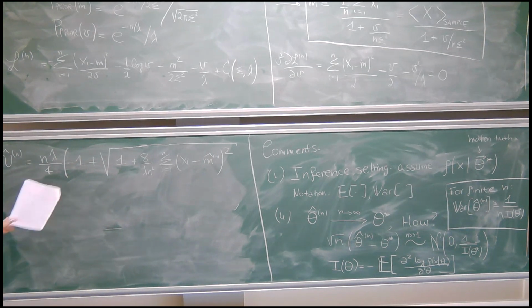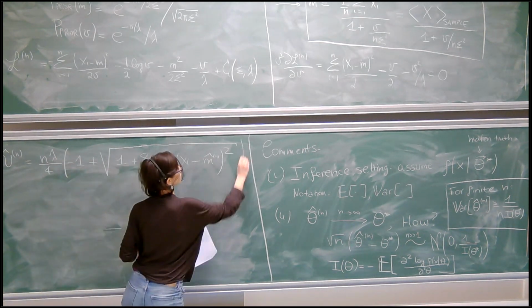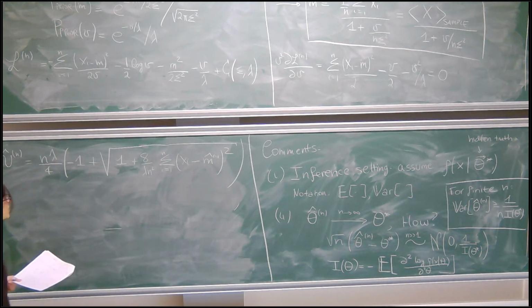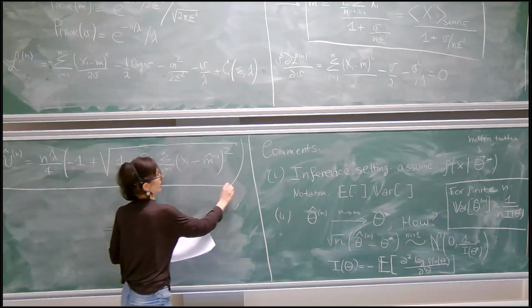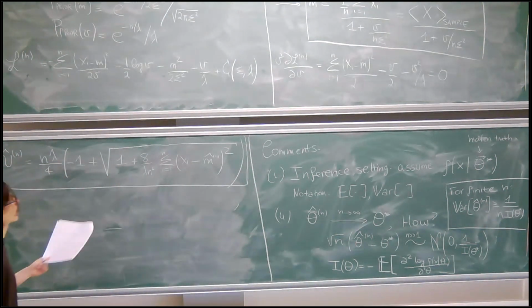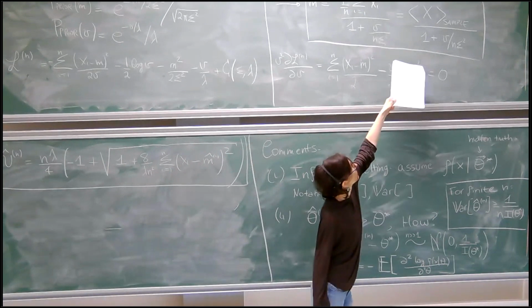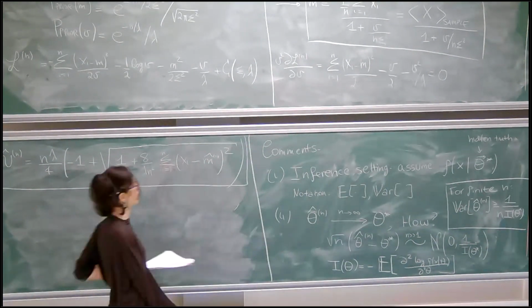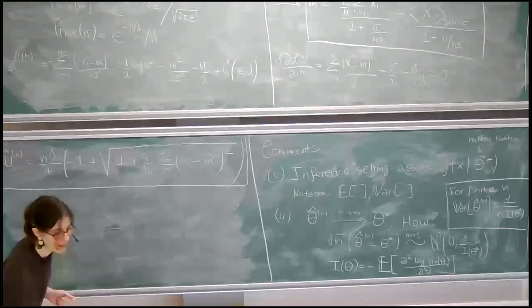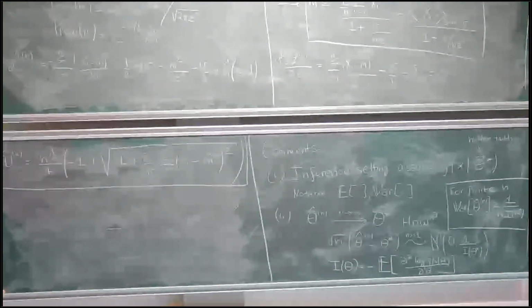And I have to choose the plus sign because I want the variance to be positive. Here I have a minus 1, so I have to add something positive to it to get a positive variance. So this gives us the expressions for the two estimators. And of course, in this expression you have to replace v with v hat. So these are coupled.